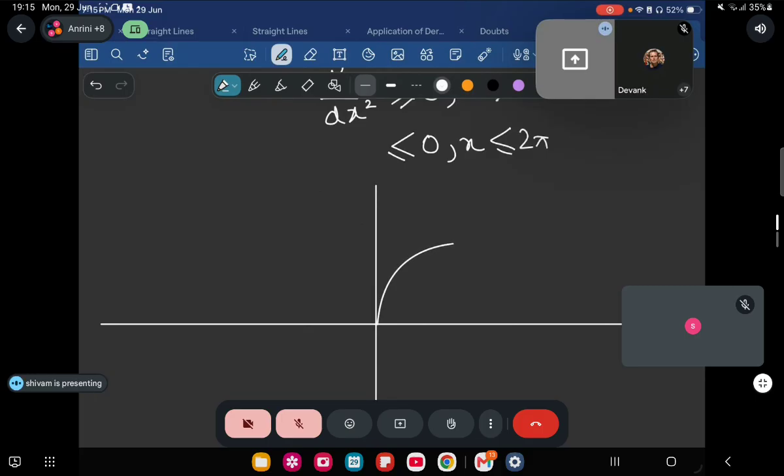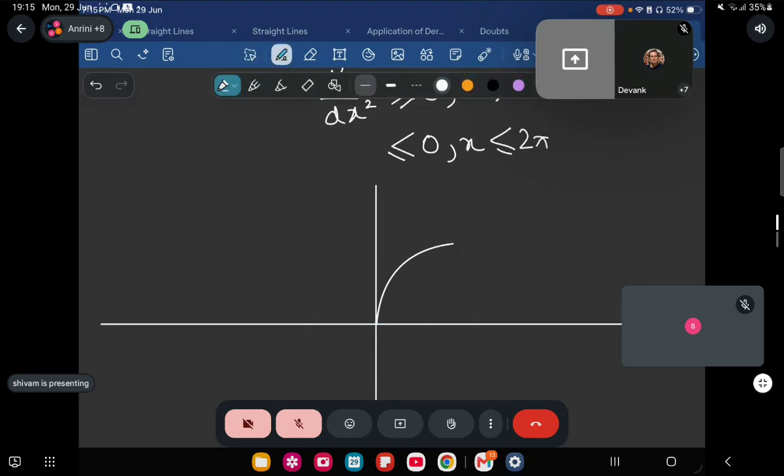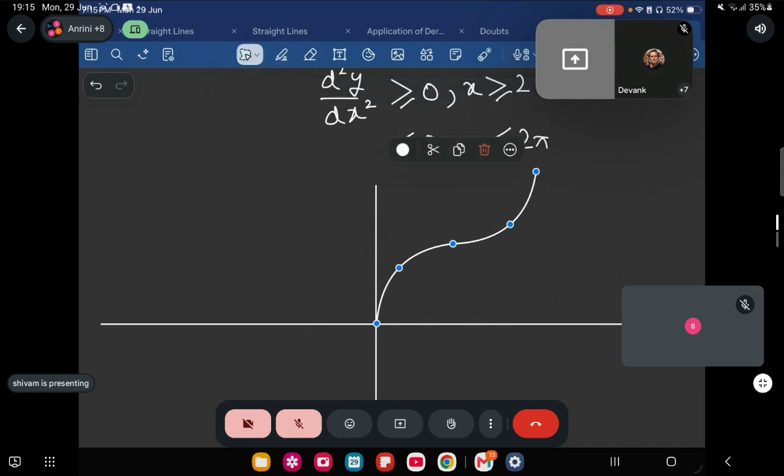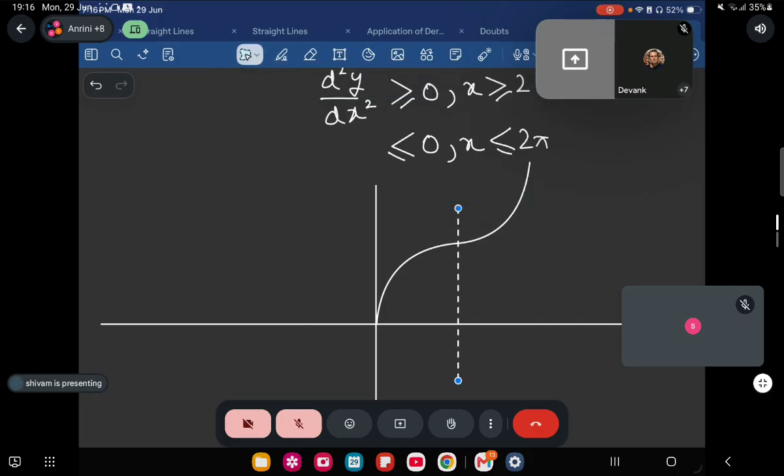That means over here, are you people getting? Yes or no? If you're unable to understand, you can ask me. At exactly 2 pi, the function changes its concavity. I'll plot this function on Desmos also to explain.